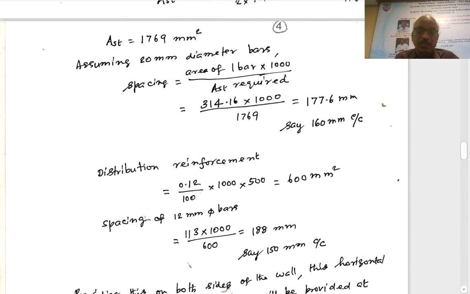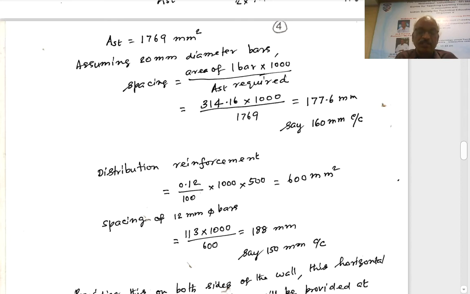Next is the distribution reinforcement. The distribution reinforcement is 0.15% if we use mild steel. When we use Tor steel, it is 0.12% of the total cross-sectional area. That is equal to 600 mm square. So 1000 millimeter is the length and 500 mm is the width, giving 600 mm square. So let us adopt 12 mm diameter bars.